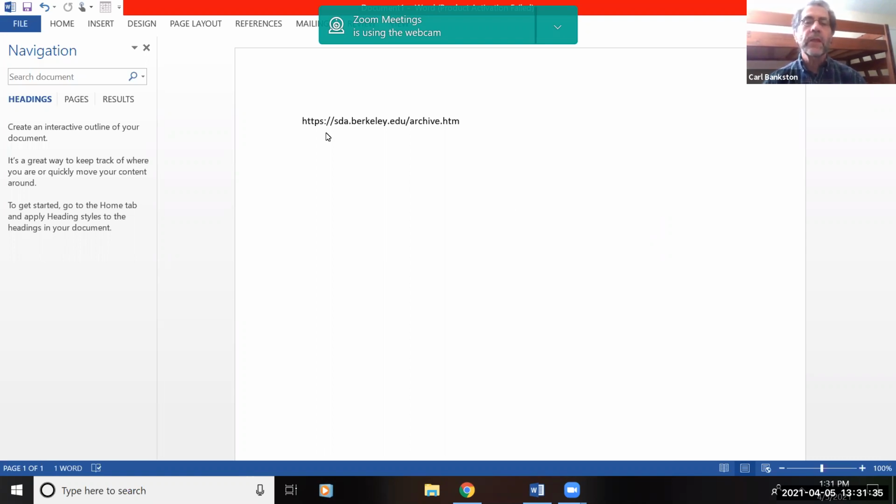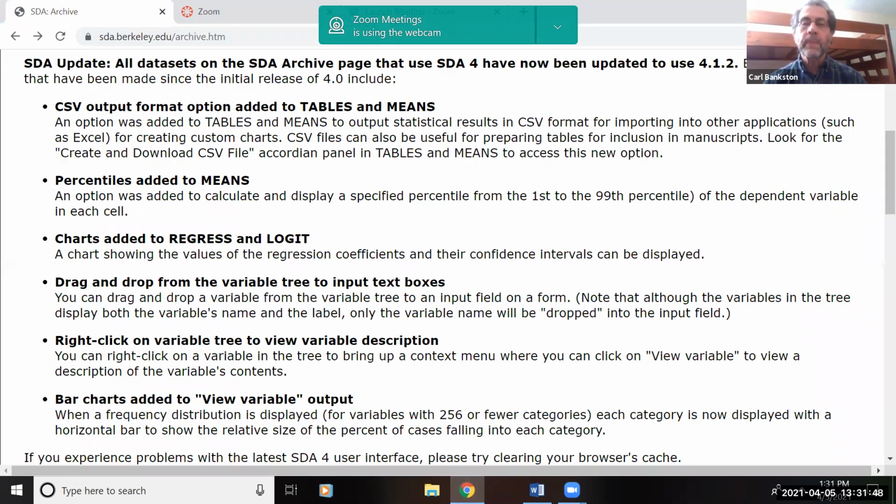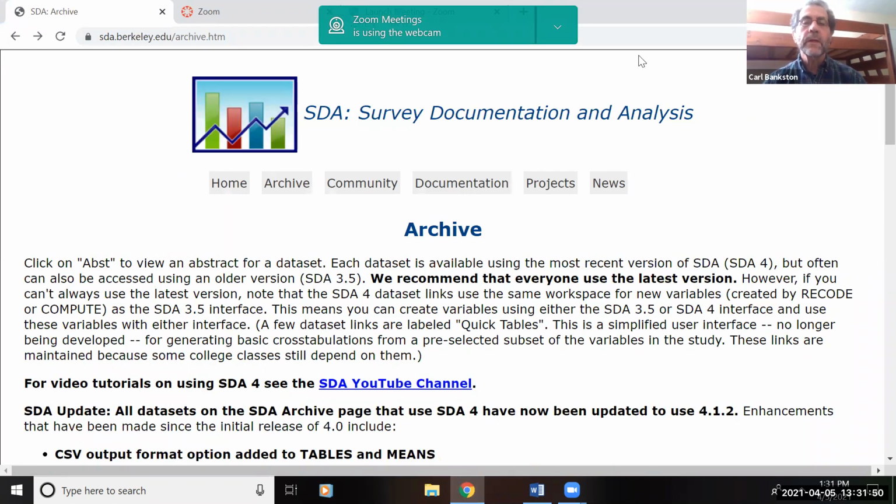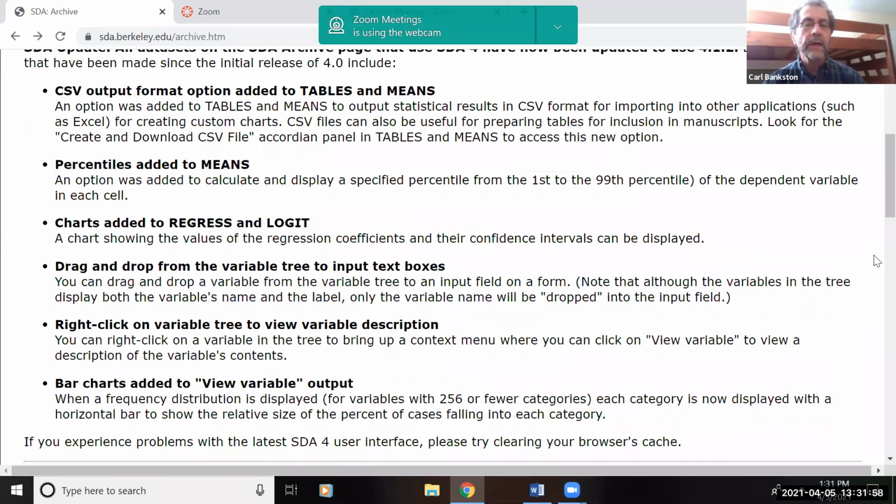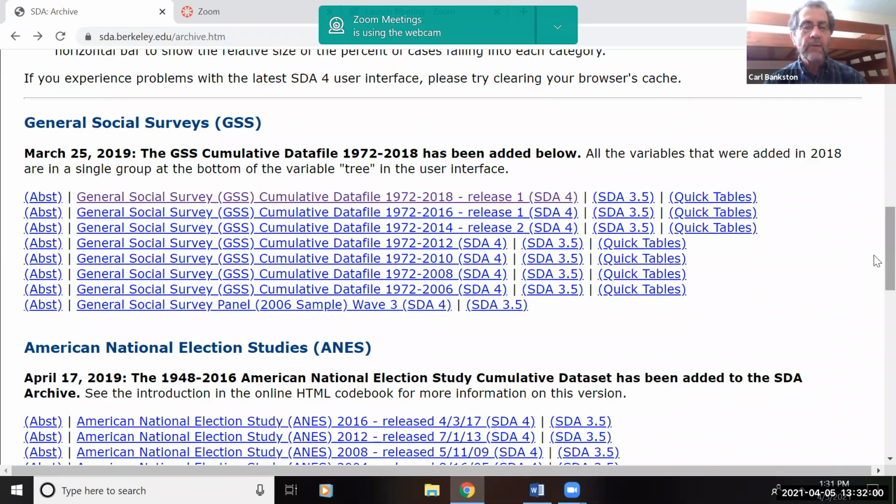Here you see the URL for Berkeley's data archive. And if you follow that URL, it will take you here. This is Berkeley's website for the survey data archive. And you'll see here that they have a lot of potential websites.